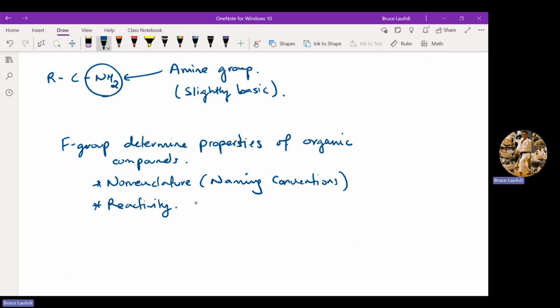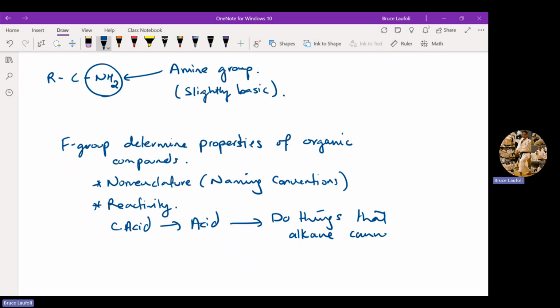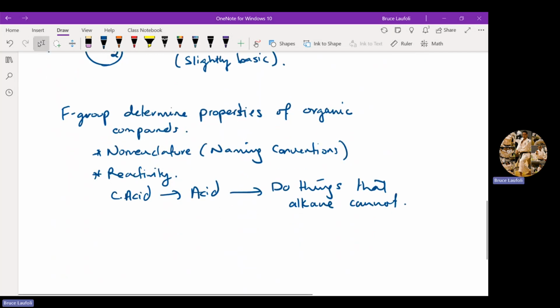For example, carboxylic acids are of course acidic, right? So you would expect them to do things that alkanes cannot do, right? And so it's really important to understand these types of subjects.